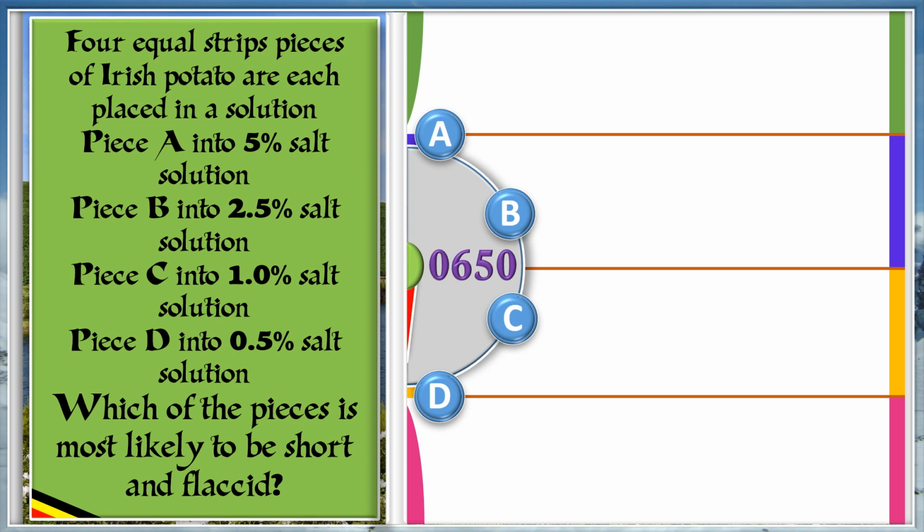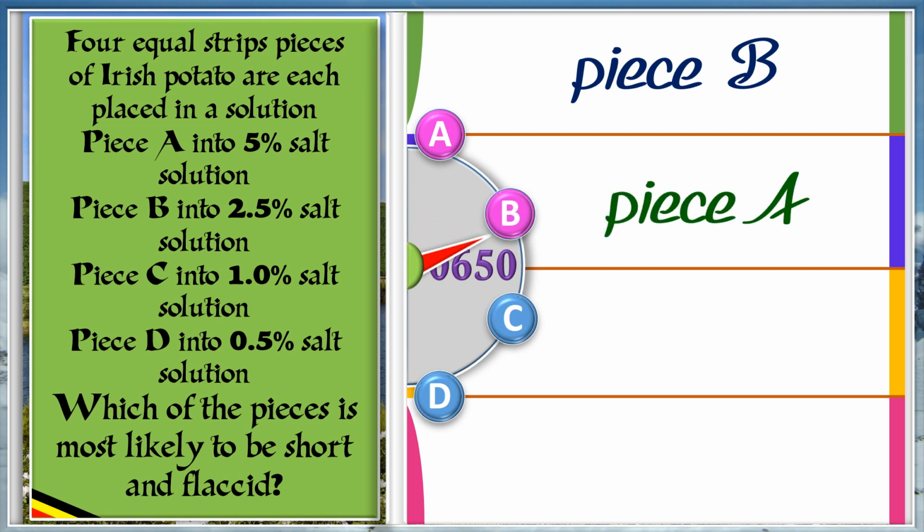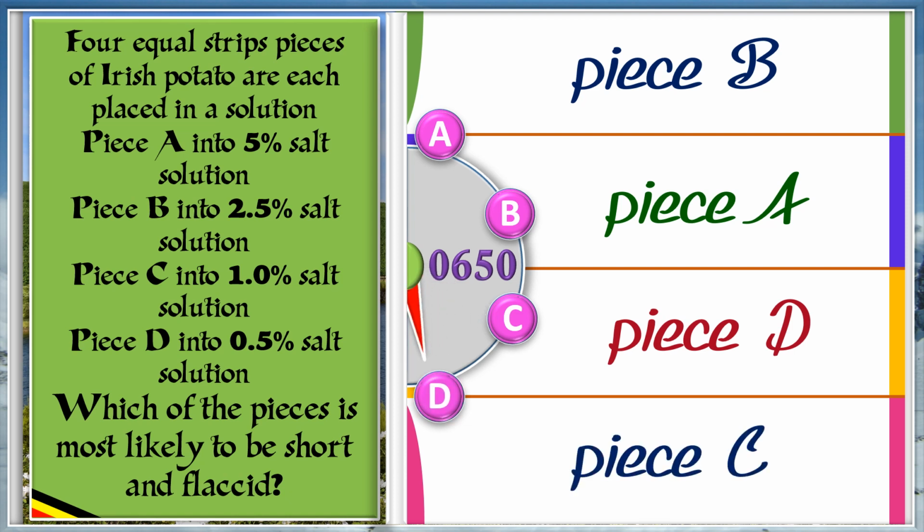Which of the pieces is most likely to be short or flaccid? A. Piece B. B. Piece A. C. Piece D. D. Piece C. And the answer is B. Piece A.